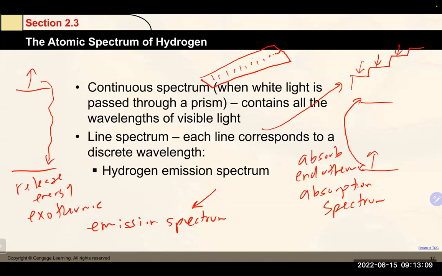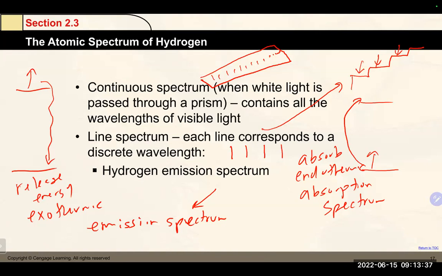Because there are only specific transitions that occur, it results in specific wavelengths coming off pretty much all the time in the same spot. Because that electron went from the fourth to the first energy level, and it will do it again. So we end up getting line spectrums, which, like the name sounds, give you distinct lines when you look at it through a spectroscope, which I think is tomorrow's experiment.